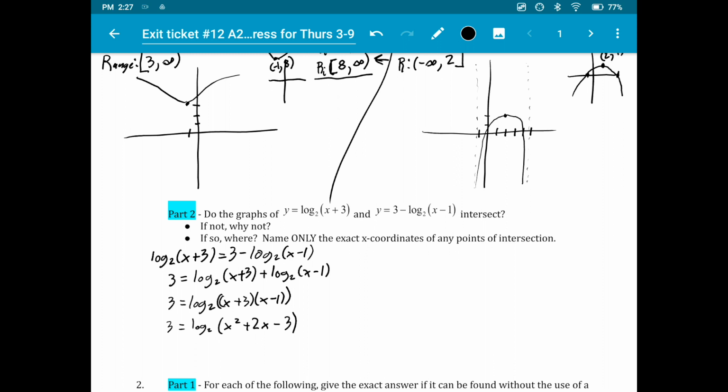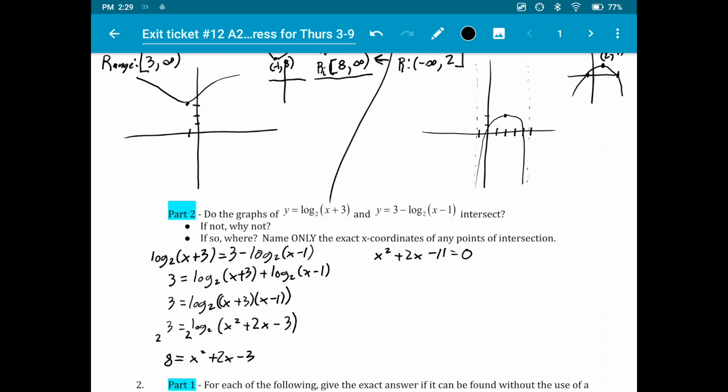So if I raise 2 to the exponent of both sides, which is taking the inverse of log base 2, I get that 8 is equal to x squared plus 2x minus 3. If I subtract 8 from both sides, I get x squared plus 2x minus 11 is equal to 0.